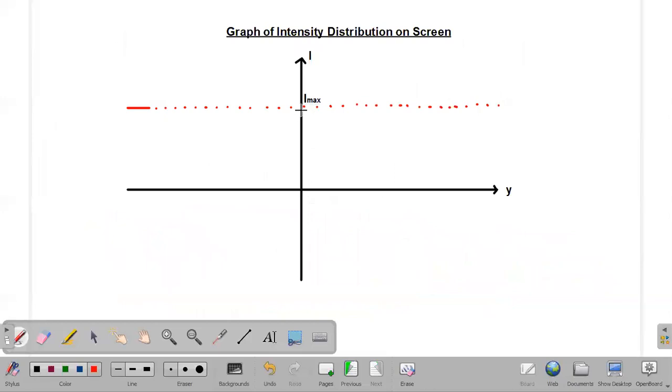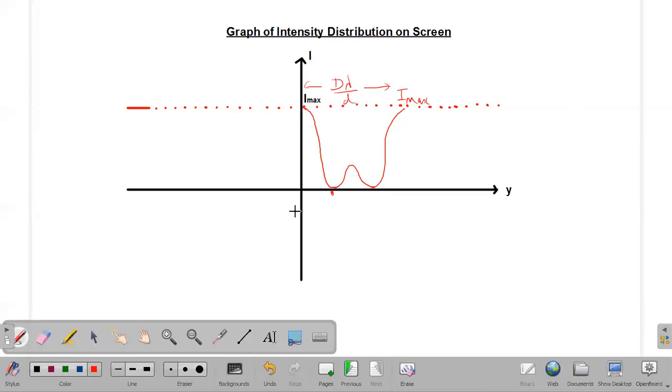So the graph is something like this. After one maximum intensity, the intensity goes to 0 at this point. Then the intensity will rise. It will again drop to 0, and then it will reach this maximum intensity. And this distance is same as D lambda over small d.